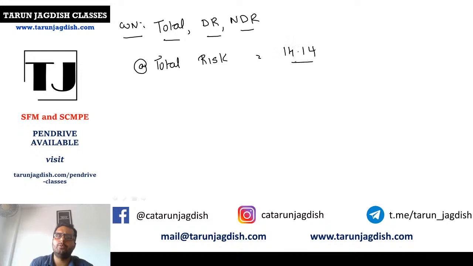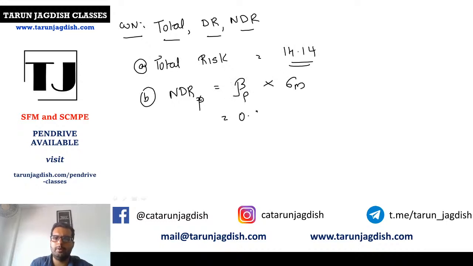Have you already got the answer as 14.14? B will be non-diversifiable risk of, not X now, it is a portfolio. We are having 3 securities, right? It will be beta of portfolio into standard deviation of the market. So 0.846 into 15. I'll get the answer as 12.69.